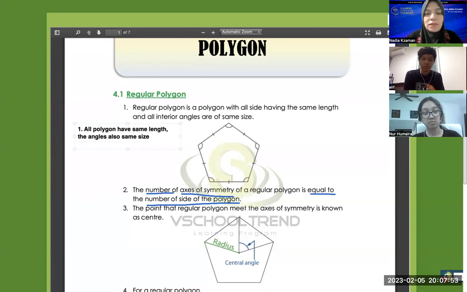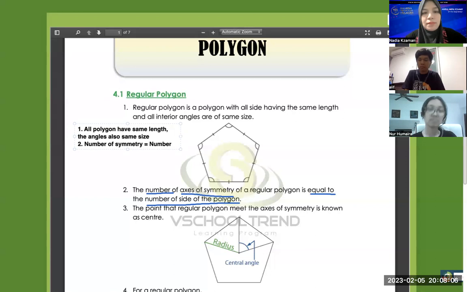And then the second one is about the symmetry. The number of symmetry is equal to the number of sides of the polygon.